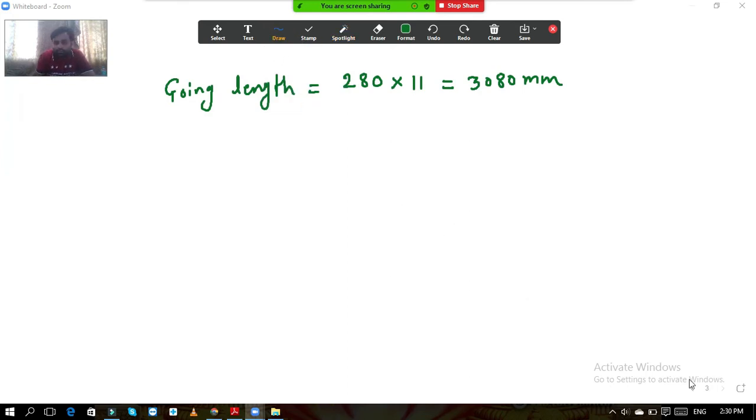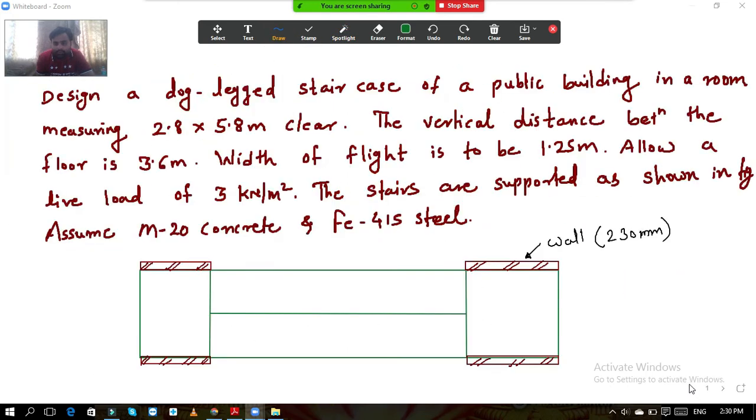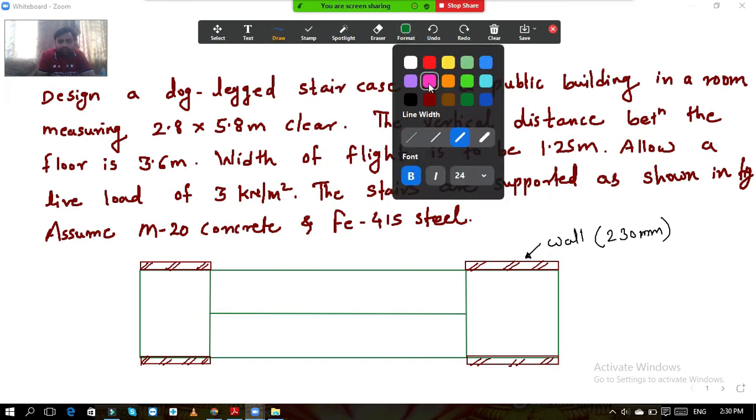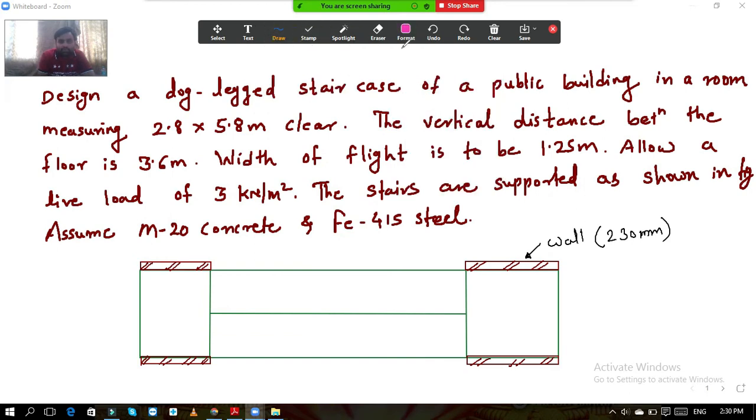Now we will move to the previous slides. So here what is our going length? The going length is from this point here to this point. This is our going length, up to these points.